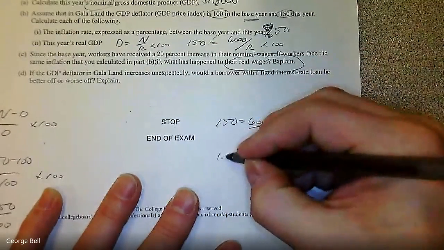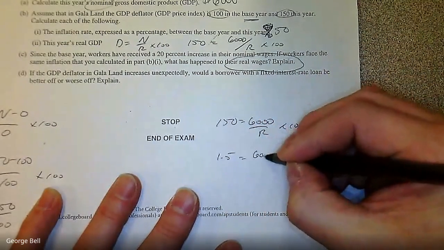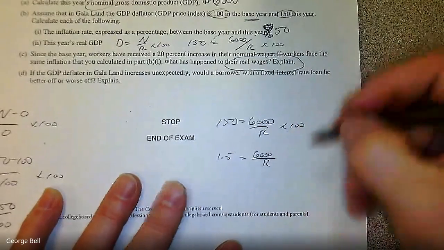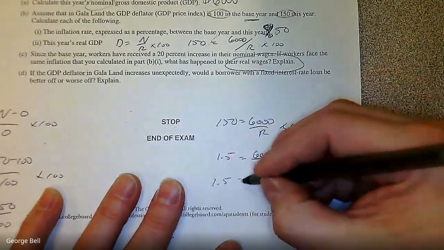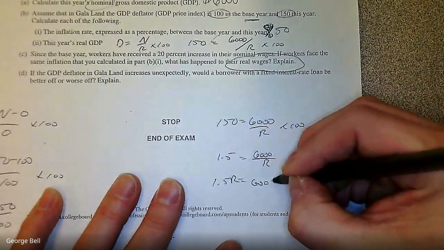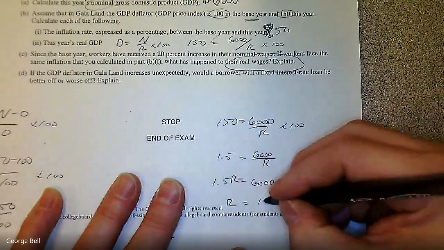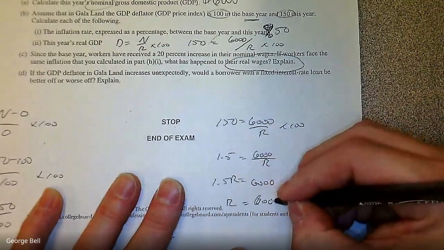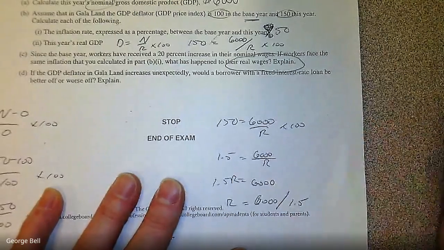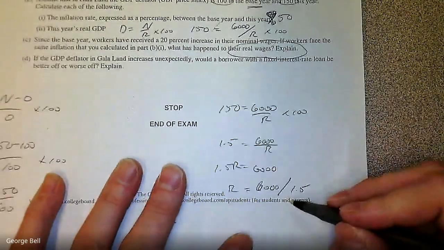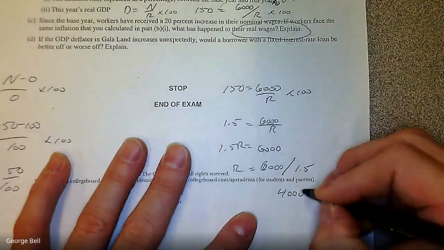Divide both sides by 100, means 1.5 equals 6,000 over r. Multiply both sides by r, 1.5 r equals 6,000. And then divide both sides by 1.5, r equals 6,000 divided by 1.5. And so 6,000 divided by 1.5 is $4,000.